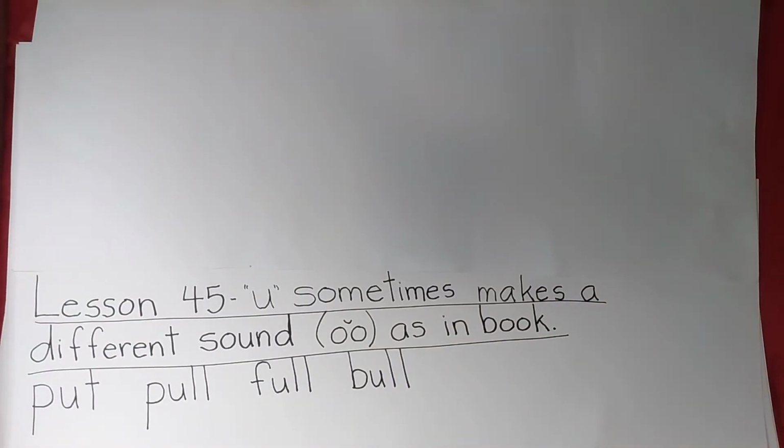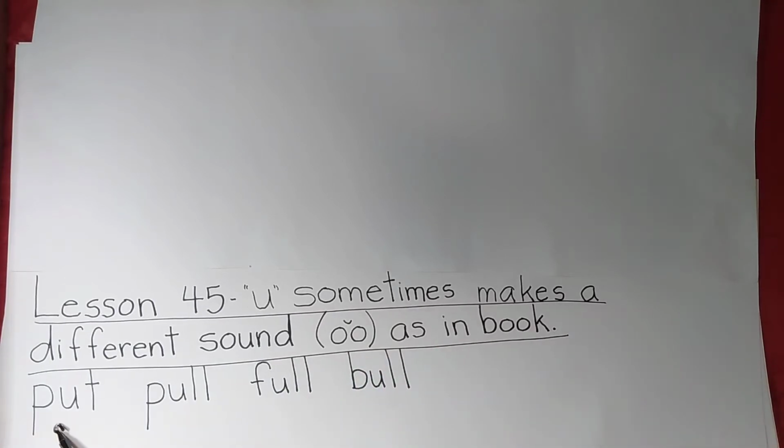Now we're going to do a review. In lesson 45, we did a lesson in which U, normally making the sound, sometimes makes a different short sound, as in book.